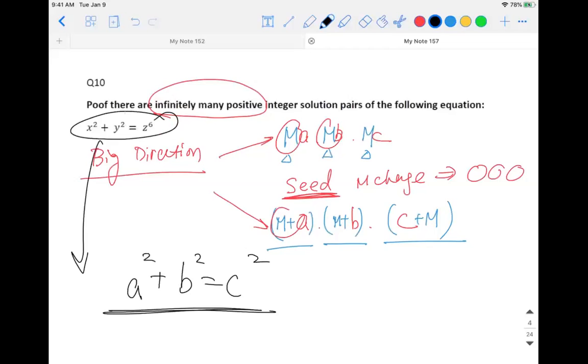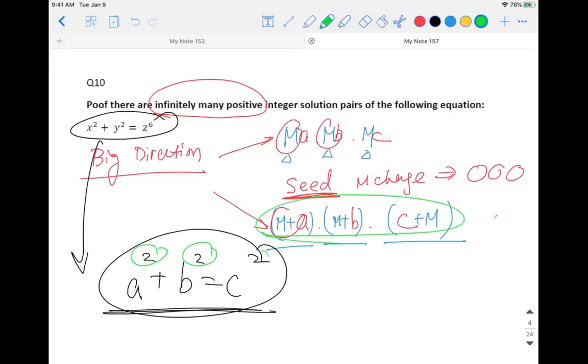Next step, you want to use this seed to create more and more solution pairs. Like I said, most likely you have two big directions: either multiply them using coefficients or add another extra number. Since you have perfect squares here, I don't think adding is a good option. You're probably going to go for multiplying, right?